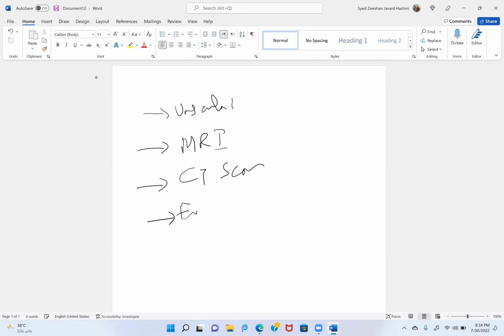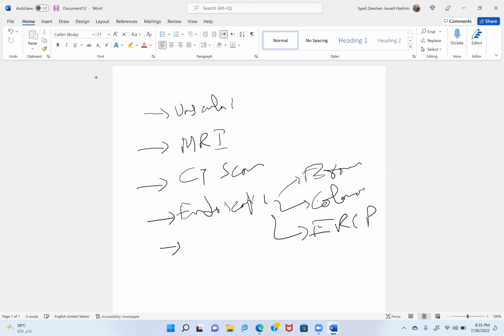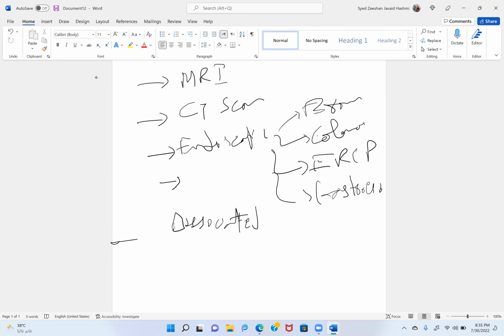As a concept, the patient is dissociated and you cannot quantify the level, so this is a tricky statement. You can say that it is a sort of deep sedation.